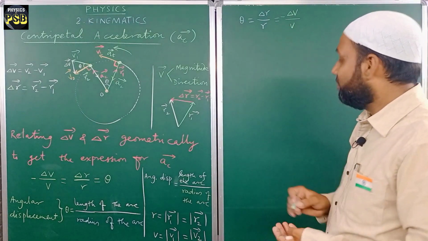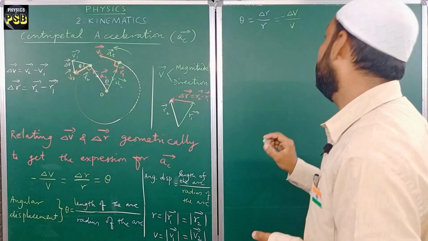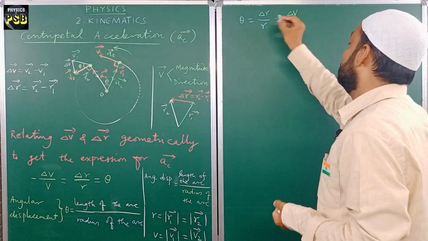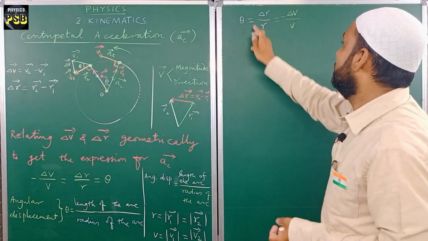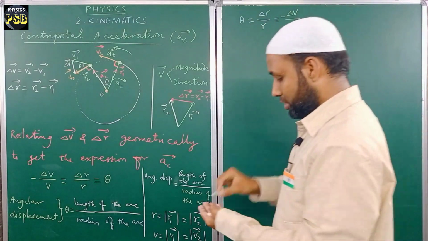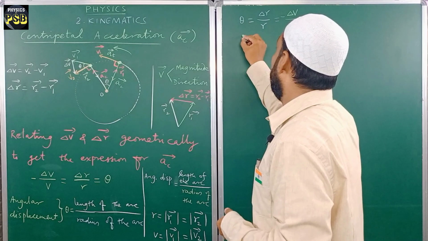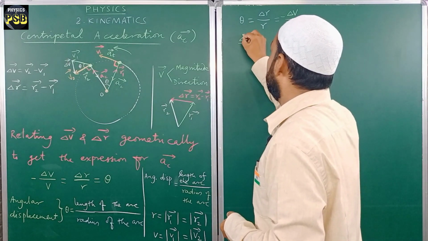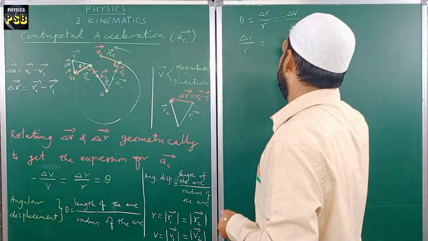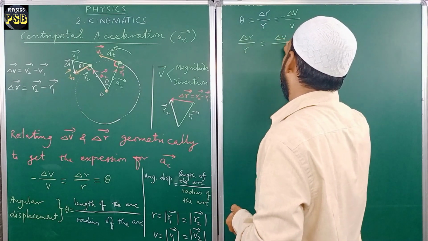From this expression, I will get the value of delta v. So for that, I take only this part. What is that? Delta r upon r equals minus delta v upon v.